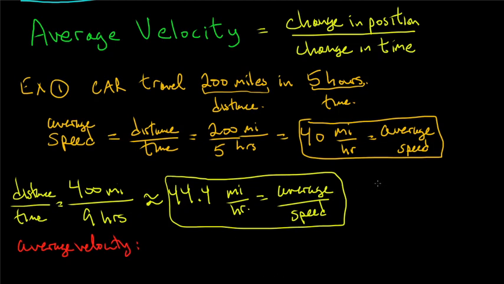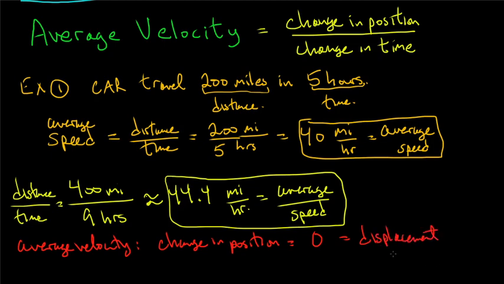We started at home, so we can call that position 0. And we ended at home, so we didn't get anywhere. We're in the same place we started. So our change in position is 0. In the end, you can call this the net change in position or displacement.